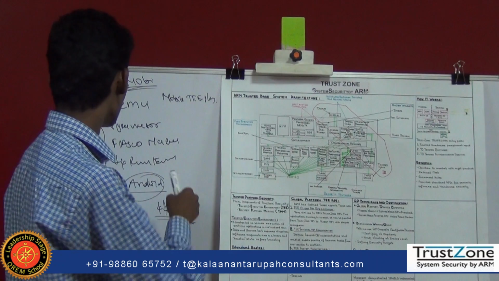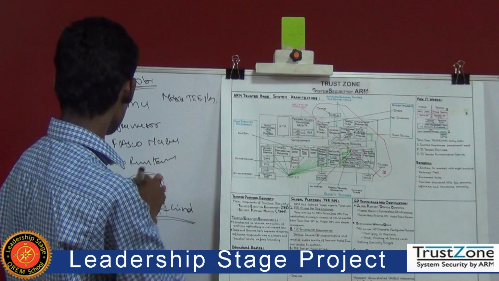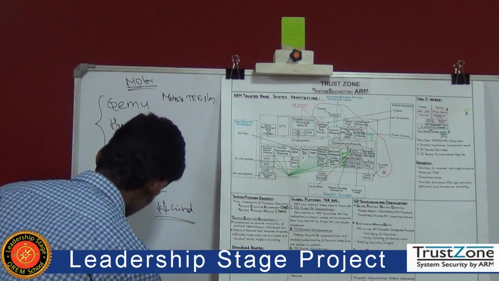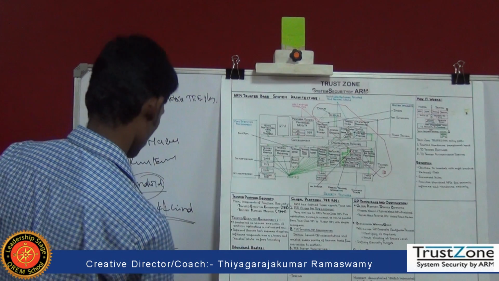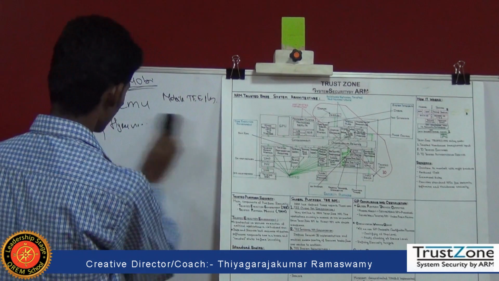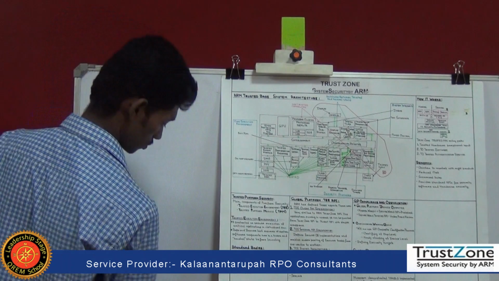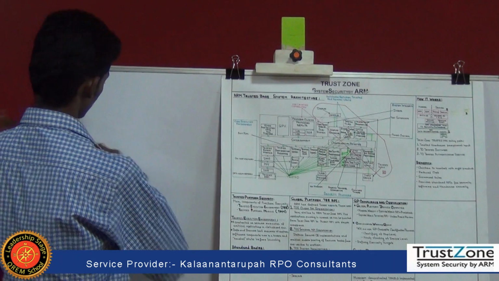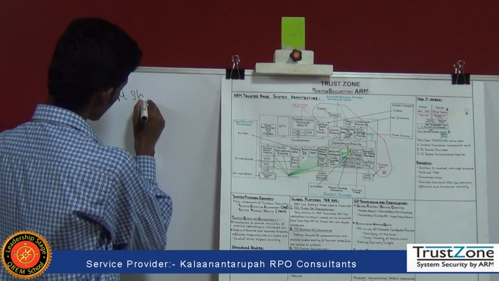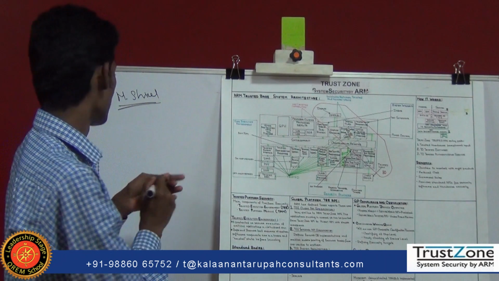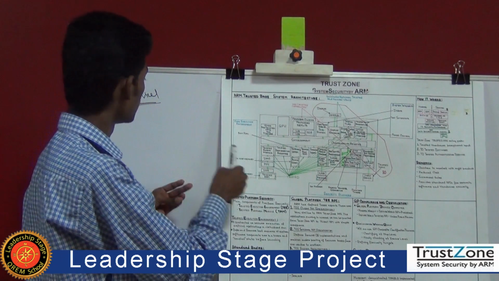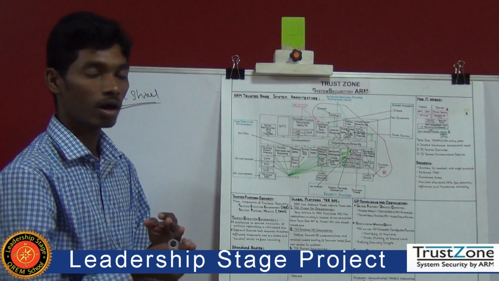This L4 Linux, Android and Trustzone are combined to create this L4 Android, which is more secure than other OS. And next one is M-Shield. The M-Shield application is implemented in the ARM architecture.